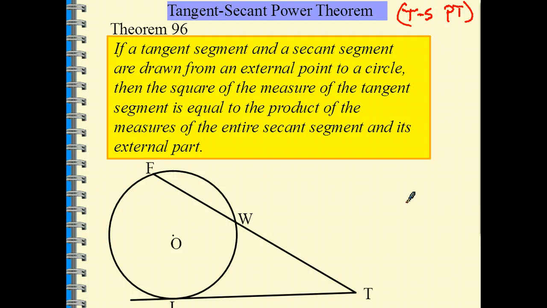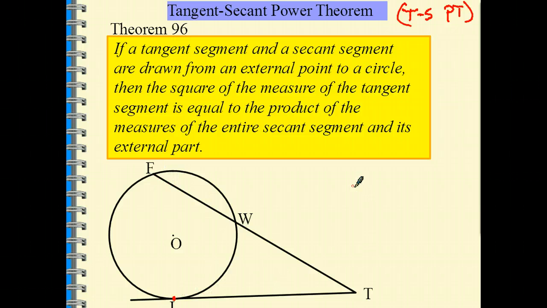Let's pause and figure out what that's talking about. If we have a tangent and a secant, LT is tangent, and L is the point of tangency. The secant goes through the circle at two points.